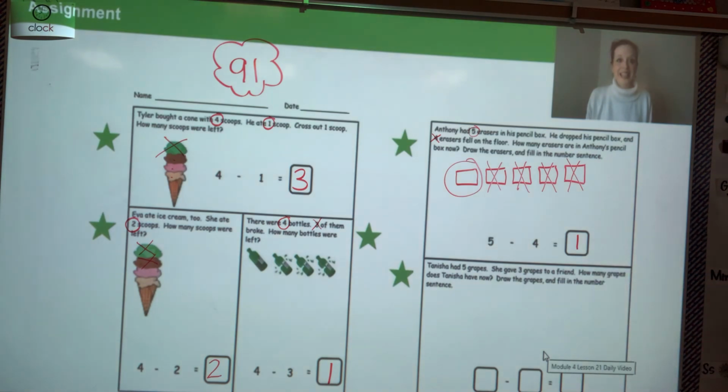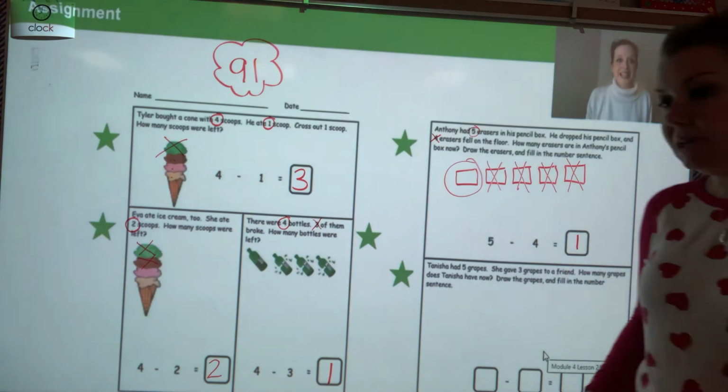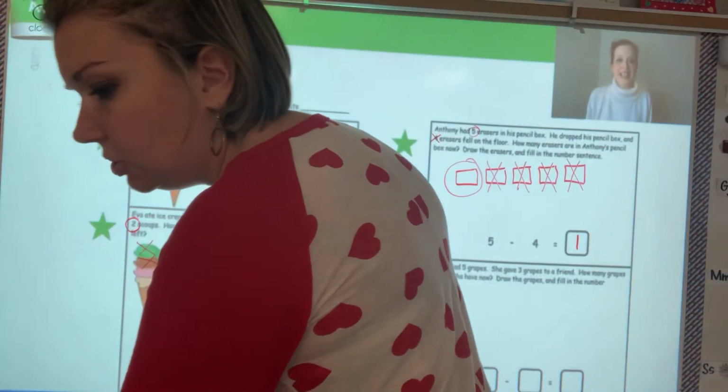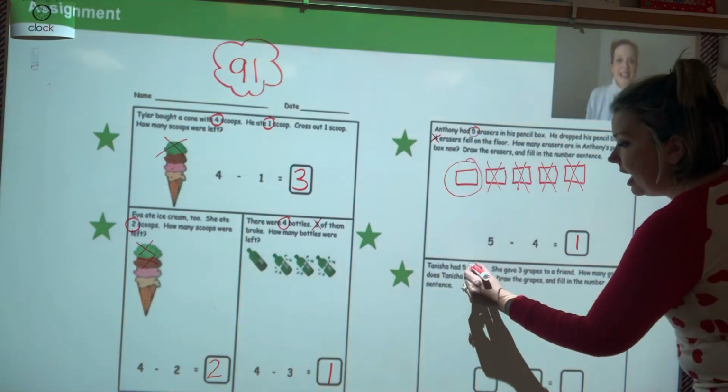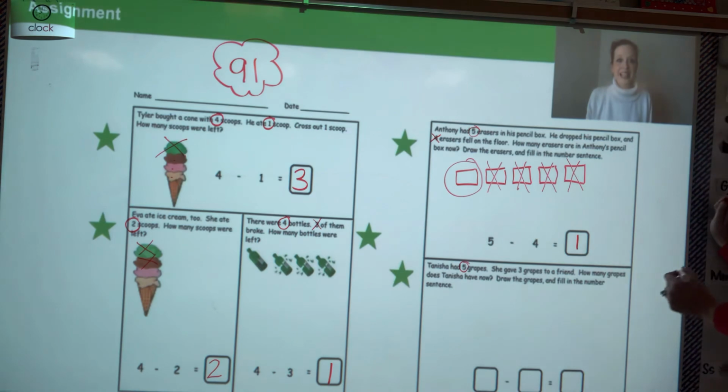I want you to do this last one all by yourself, but I'm going to stay on with you in case you have a question. I'm going to read it to you. So let's pay attention. Tanisha had 5 grapes. She gave 3 grapes to a friend.